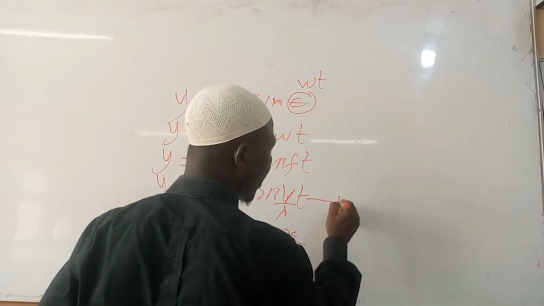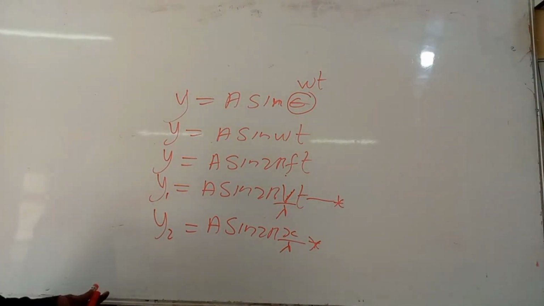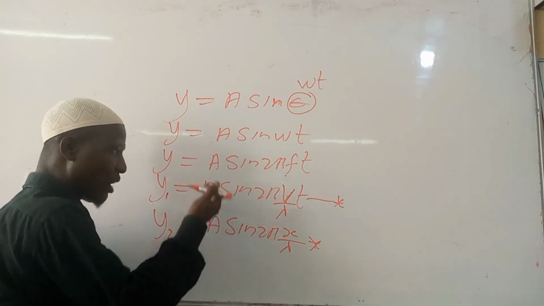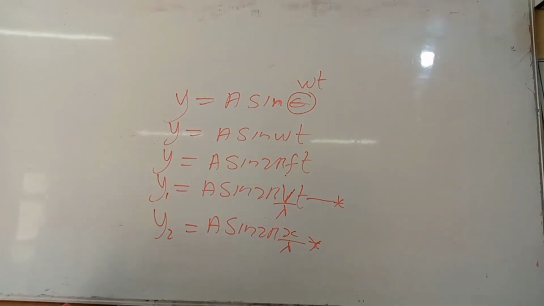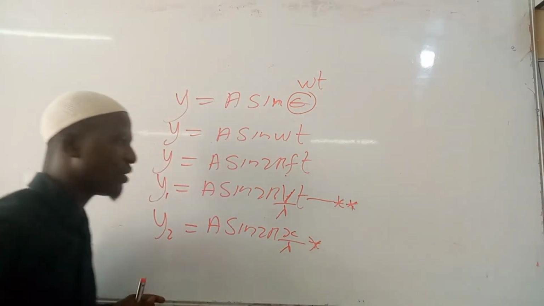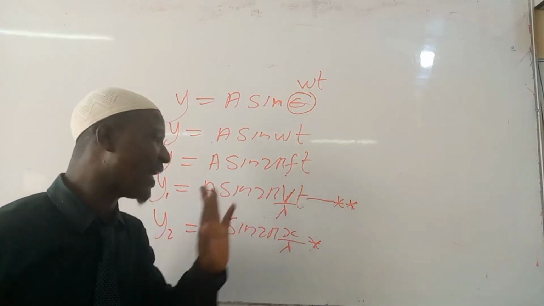This is the first one, this is the second one. So it depends. You can take away this one from this or take away this one from this. Just make sure you subtract one from the other. So let's subtract equations. Okay, let's call this one equation star star. Subtract equation star from equation star star.